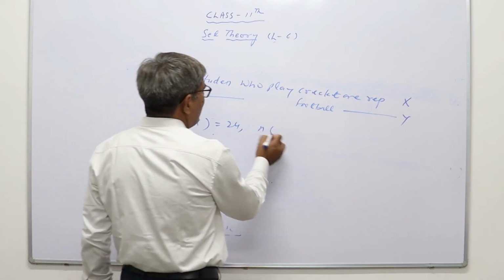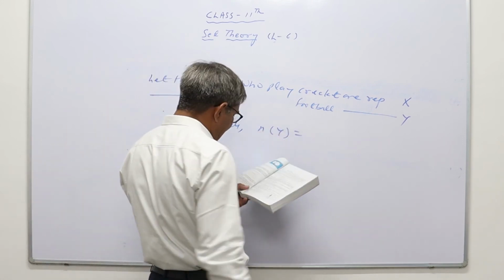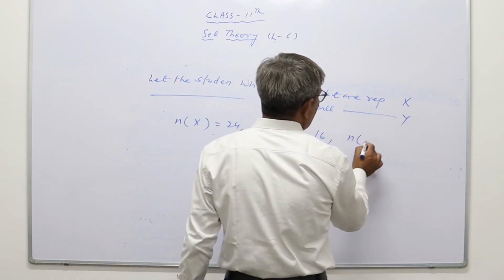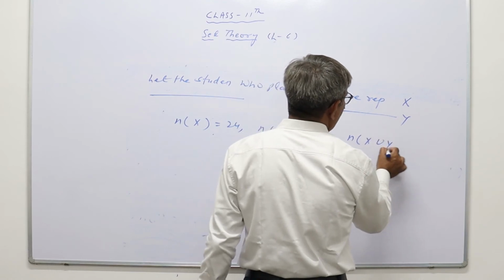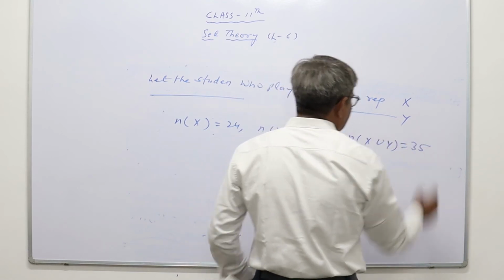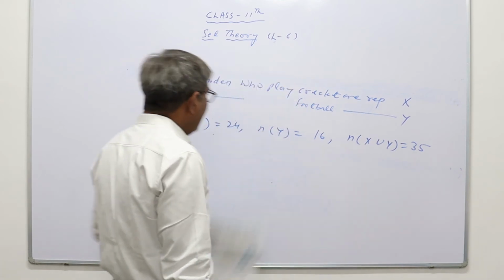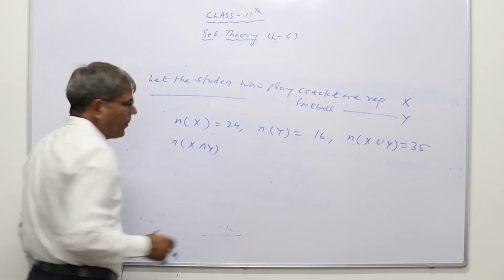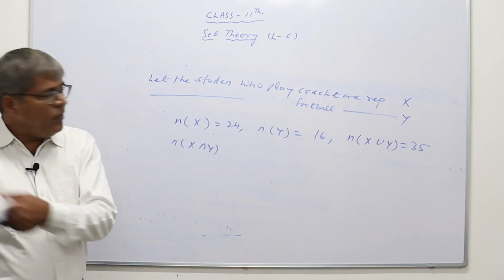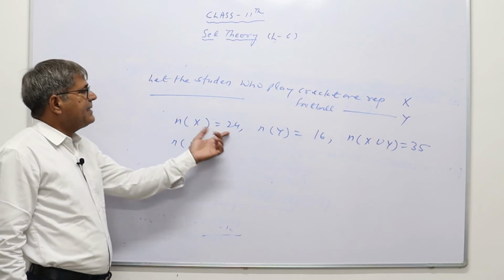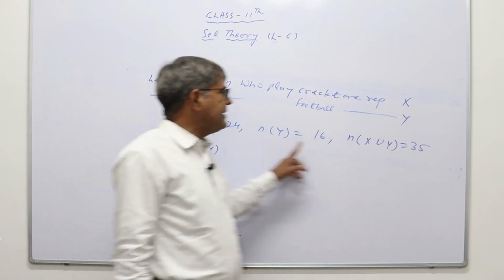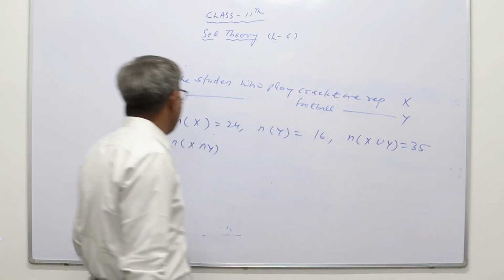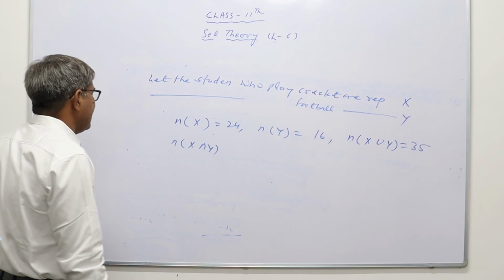The number of students playing football is given as 16, and the number of students playing cricket or football is given as 35. Then how many students are playing cricket and football? So what we have to find out here: n(X) is given 24, n(Y) is given 16, and n(X union Y) is 35, and we have to find n(X intersection Y).